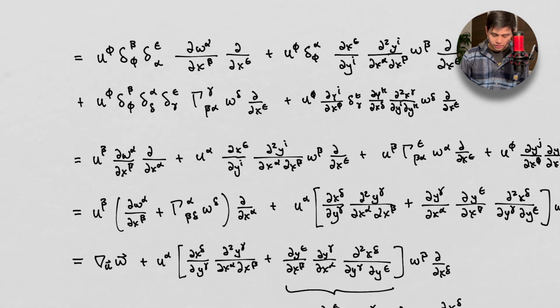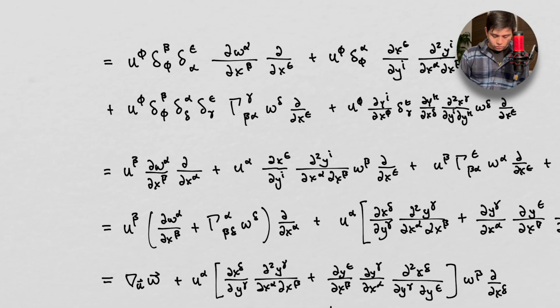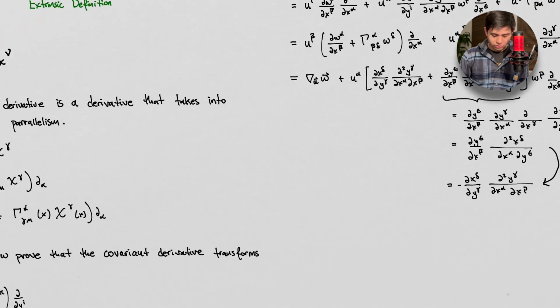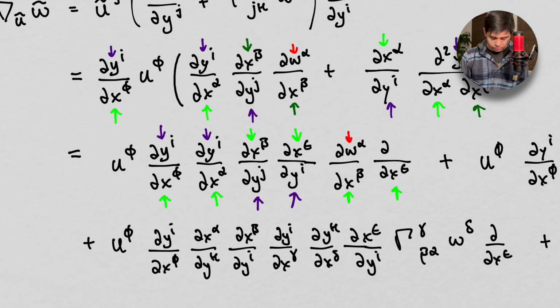So let's take a look now. So collecting everything, beta, phi, epsilon, alpha. We're just looking at these guys here, beta, phi, epsilon, alpha, and we're summing over the purple terms. Okay.